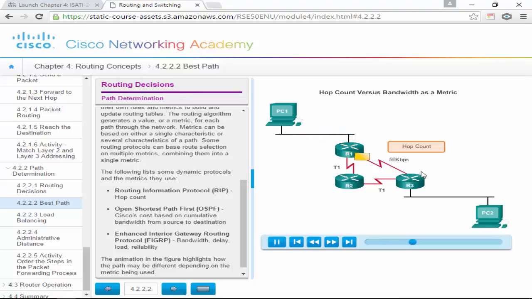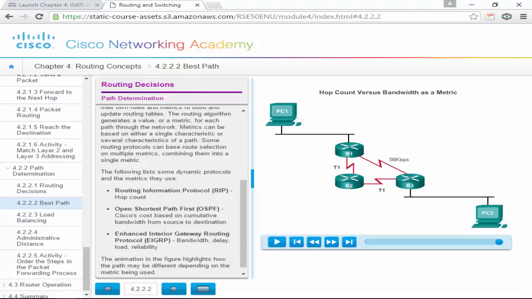Which way do we take? Do we take this way? Well, this is based on hop count, so that was a bad choice. RIP goes off a hop count. That's its metric. And then OSPF goes off of bandwidth, basically just bandwidth. We're just going to say bandwidth. And then EIGRP does bandwidth, delay, load, and reliability.